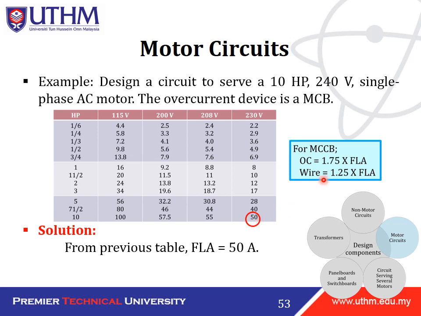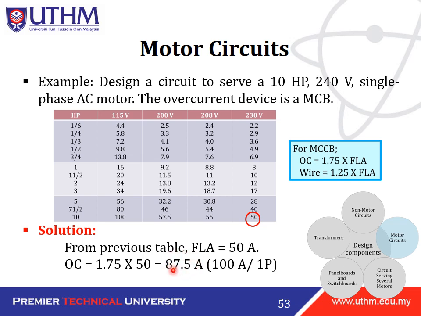From the previous slide, we know that for an MCCB overcurrent device, we need to use this kind of equation. The overcurrent device equals 1.75 times 50, the FLA we got from the table, so equal to 87.5 ampere.